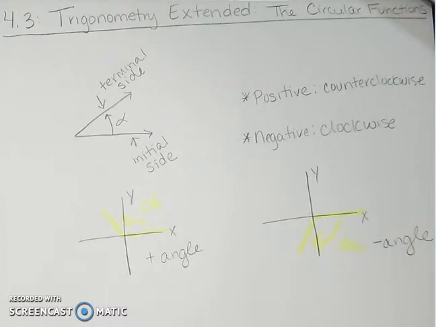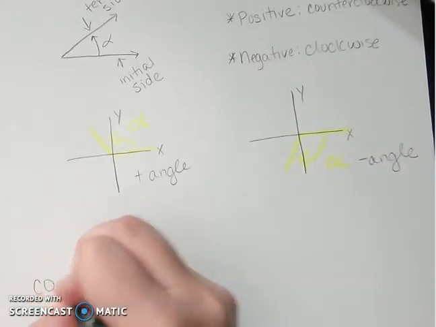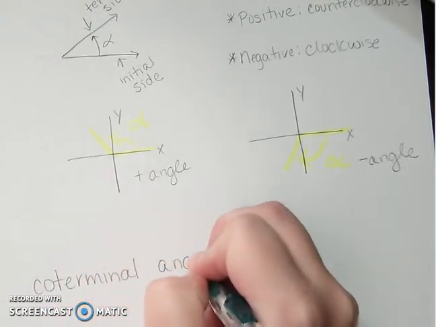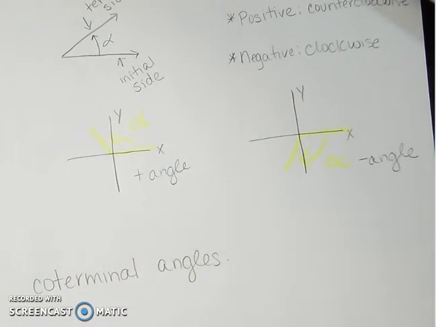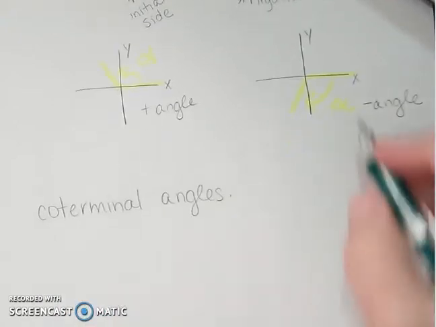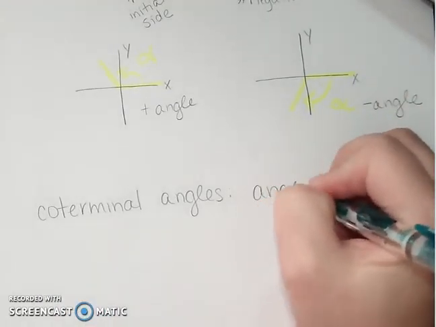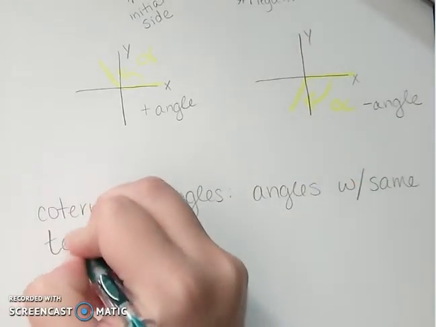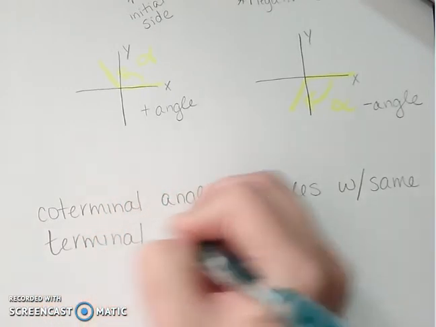So then the next thing we're going to talk about is coterminal angles. And if you take a little English lesson, the prefix co means with, and then the terminal. So these are going to be angles with the same terminal side, but of course they're going to have different measurements.